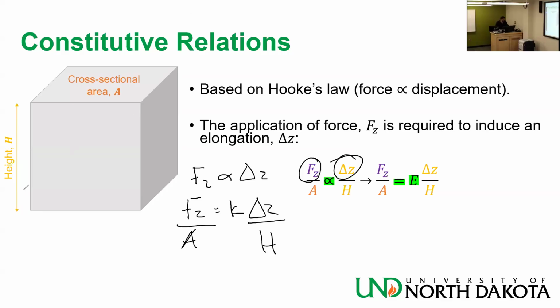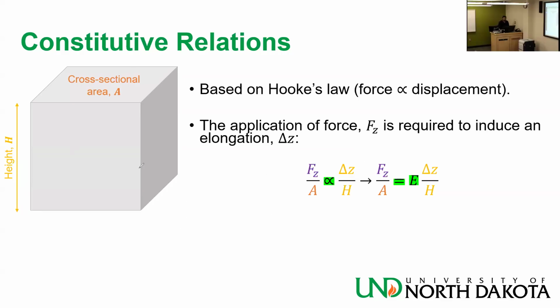And what I did is just elaborate it more technically. I replaced the proportional sign with equals E. And E is basically the Young's modulus, which is also known as the modulus of elasticity. It is a quantifiable measure of the stiffness of a solid material.